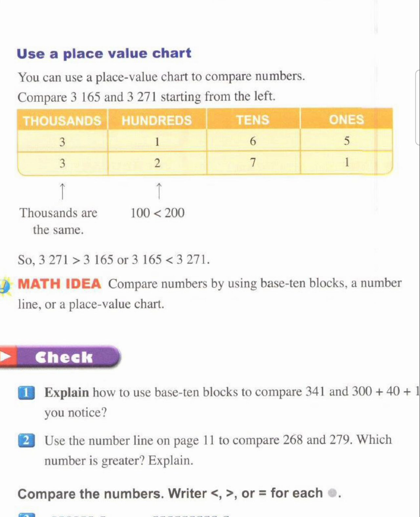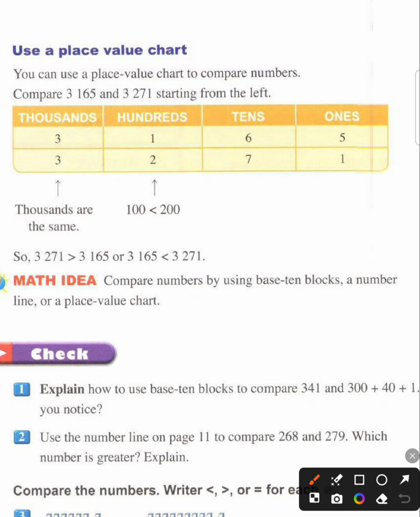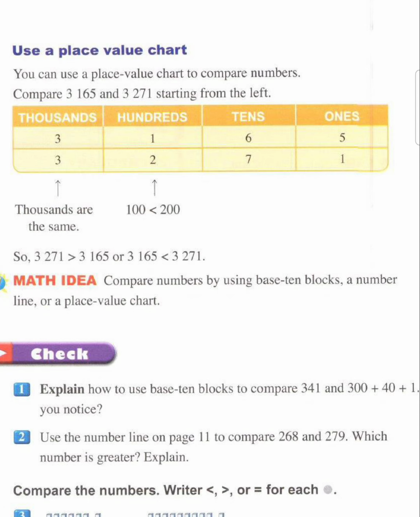Okay. What is important here? This is very important to remember that we can compare numbers by using base 10 blocks, number line or place value chart.